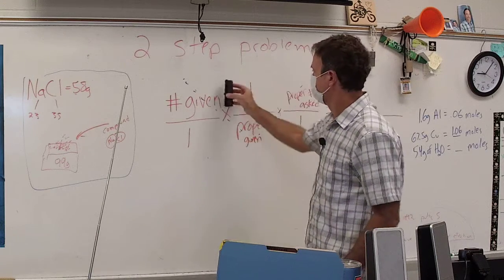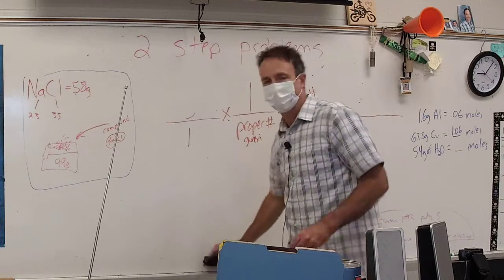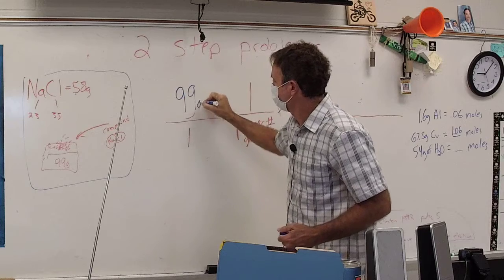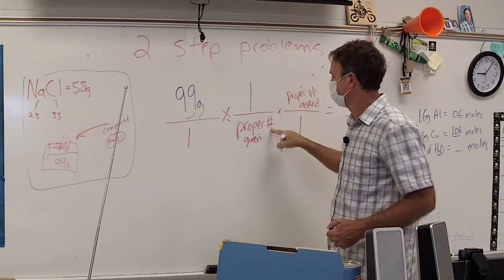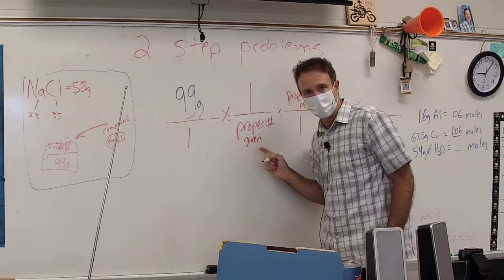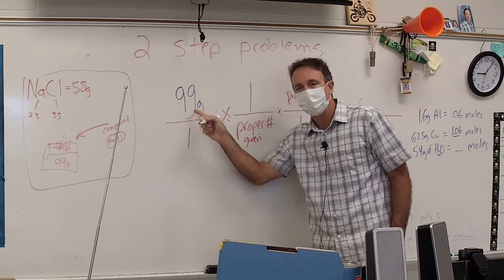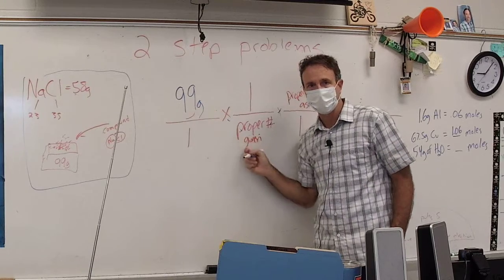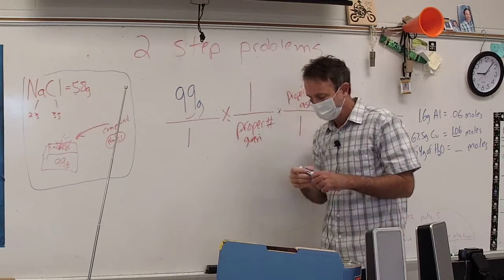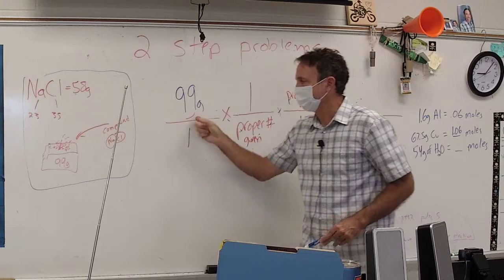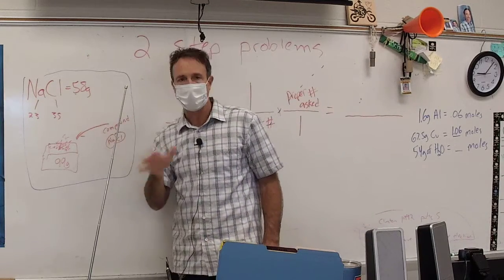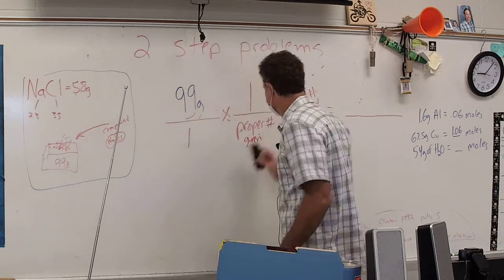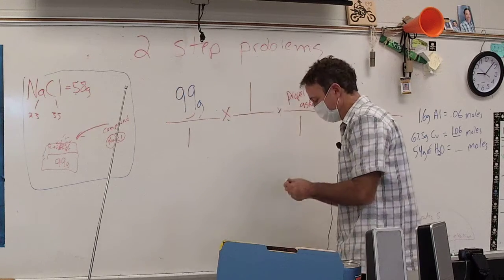So the number I'm given: I'm given 99 grams times 1 over the proper number. Now the proper number here has to be the same units as the given number. Does that make sense? So these two always have to be the same unit. The proper number in grams for NaCl is 58, correct? So we're going to put 58 grams right here.